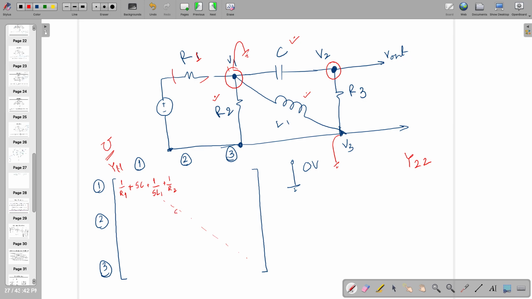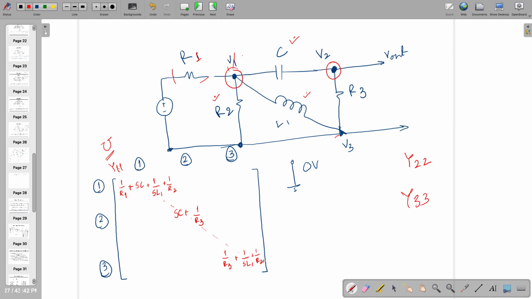Yeah, SC plus 1 by R3, right? Similarly, somebody can help me in Y33. 1 by R3 plus 1 by SL1, 1 by R2, right?